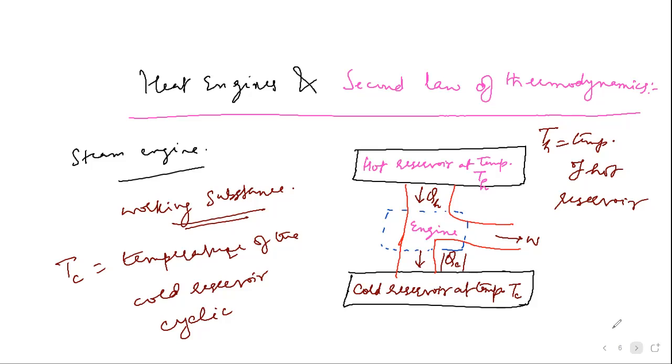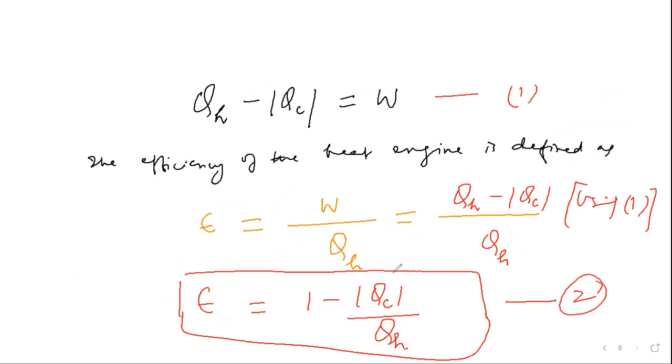That in terms of the equation means QC should be 0, efficiency should be 1. Or QH and W must be equal. That is possible when QC is 0. That engine is 100% efficient. But that is not possible.